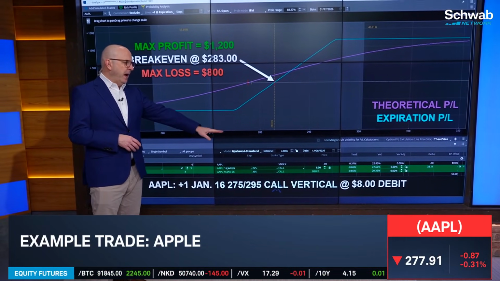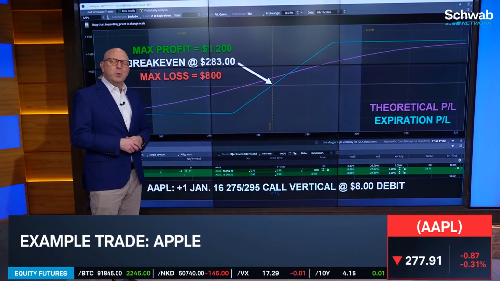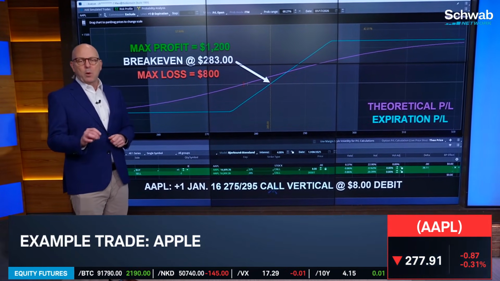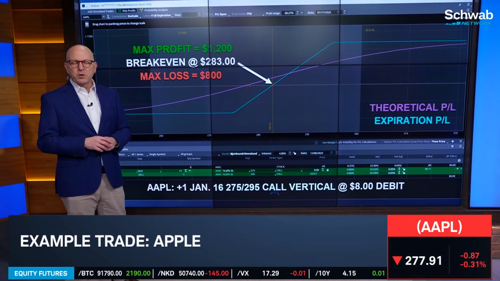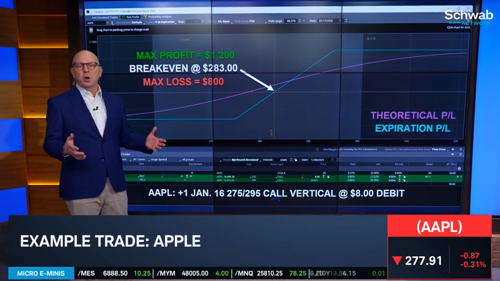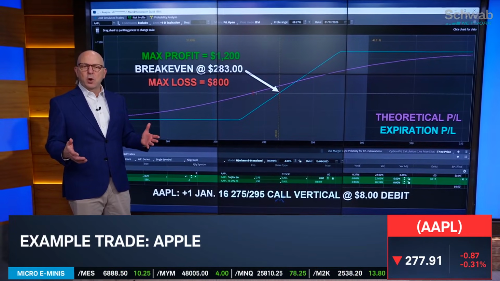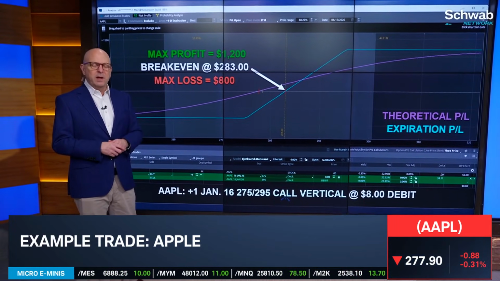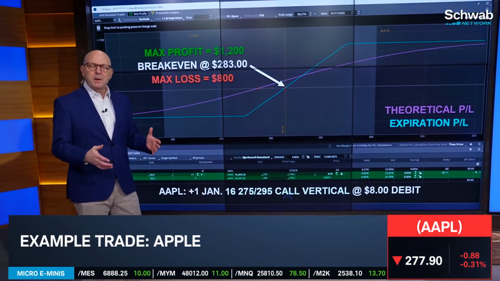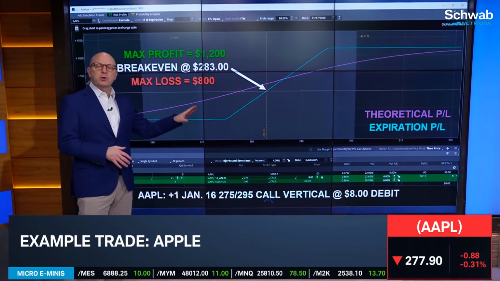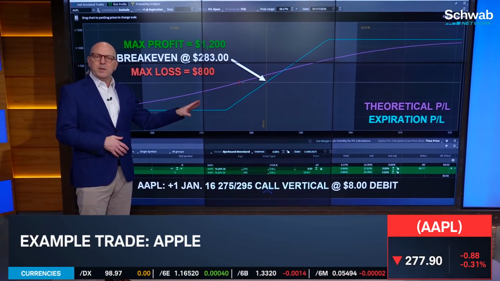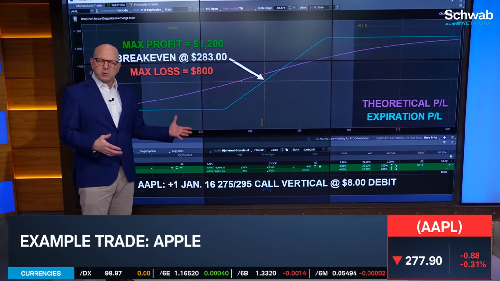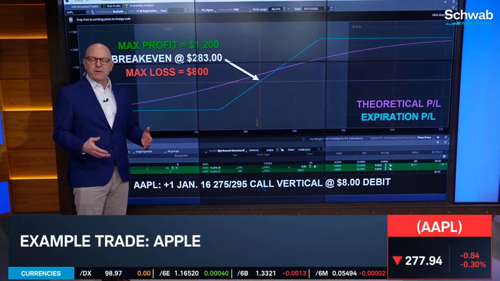6 weeks. The $8 debit takes your break even up to 283 to the upside. That's only about 1.8% above the current share price. So you're not too far below where you need the stock to go to get above that break even. Pretty good risk reward setup. I think one of the keys when doing directional biased verticals like this, yeah, you're capping some of your gains, but you're also capping the amount of risk you have on it.